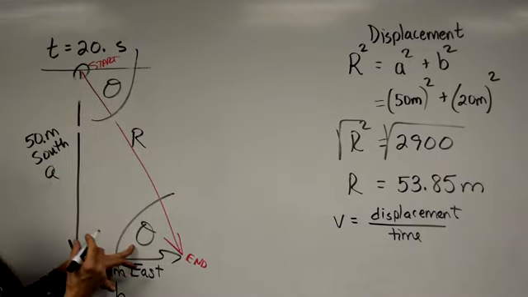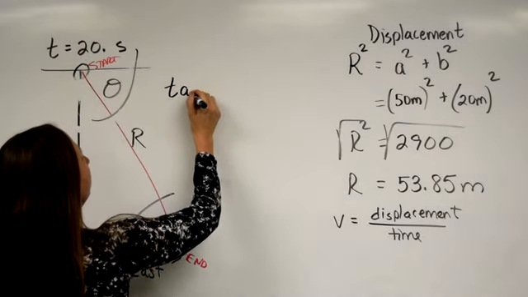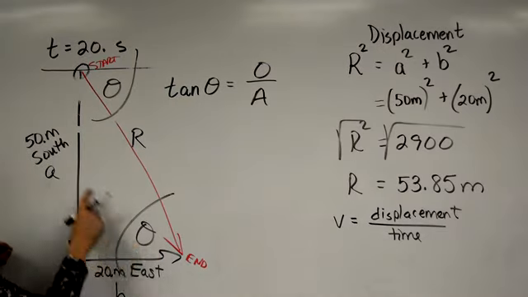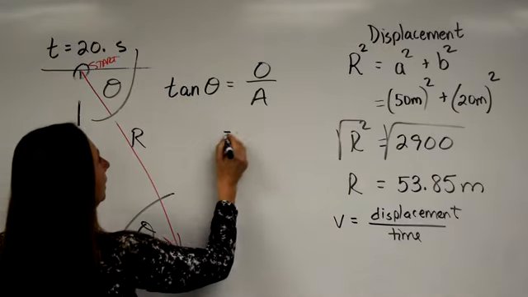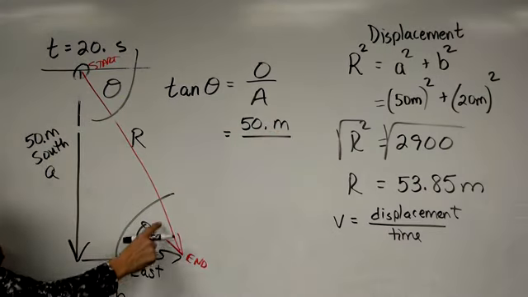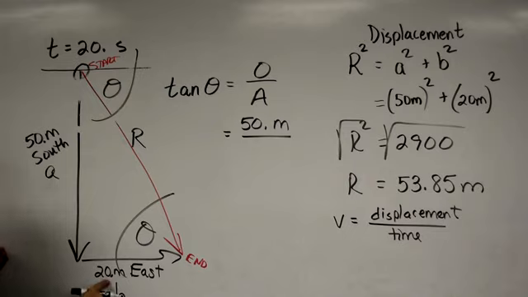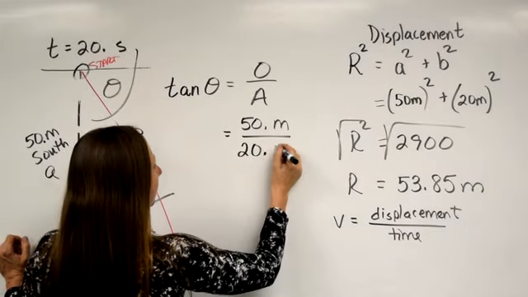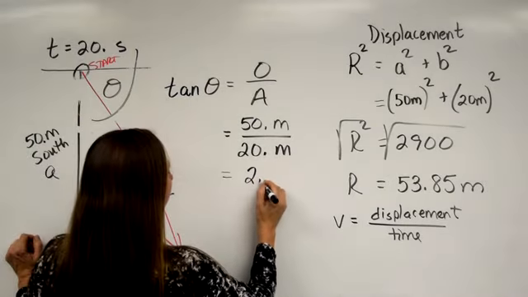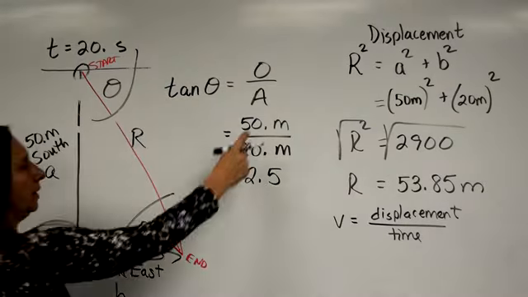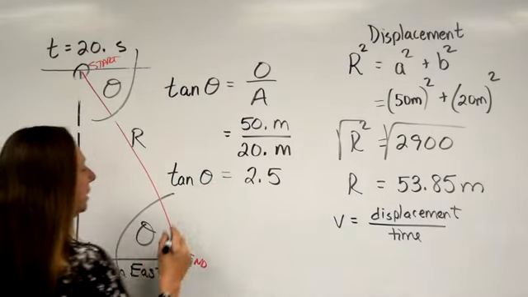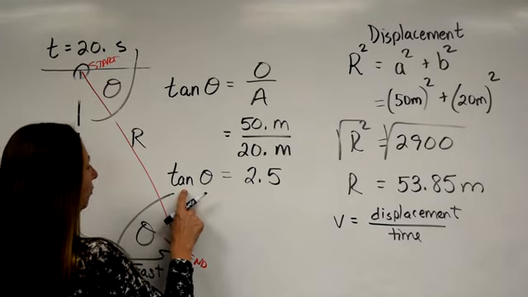We're going to use tangent. Tan theta is opposite over adjacent. Opposite this angle is 50 meters. Adjacent to this angle right here is 20 meters. So we've got 50 divided by 20, that's 2.5. But I don't want the tangent of theta, I want theta, so I want to get rid of tangent.